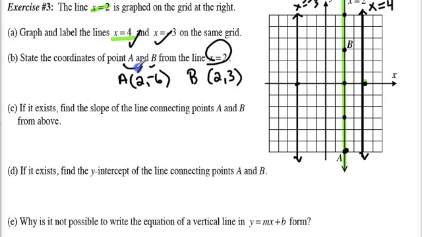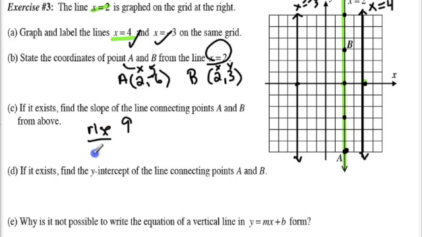Okay, so we have an x and a y coordinate for each one. Now C says, if it exists, find the slope of the line connecting A and B from above. Well, let's start at A and go to B. I rise 1, 2, 3, 4, 5, 6, 7, 8, 9. I rise 9.